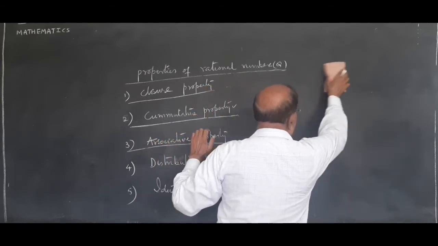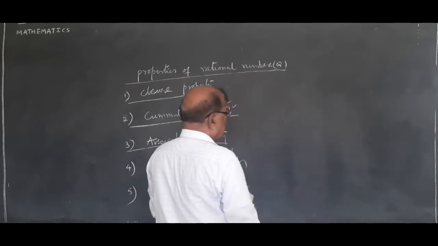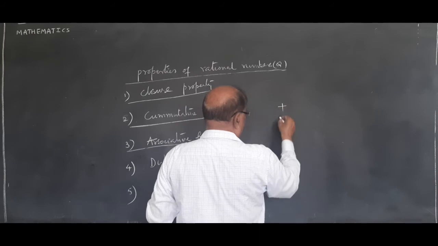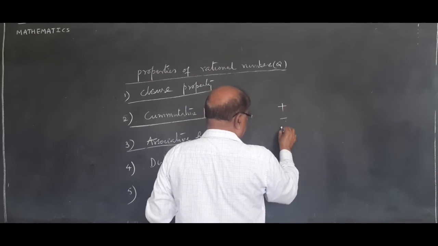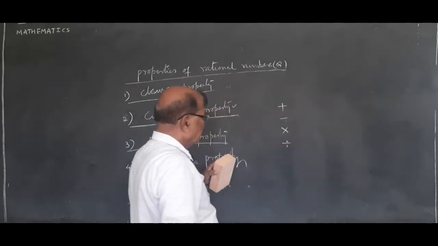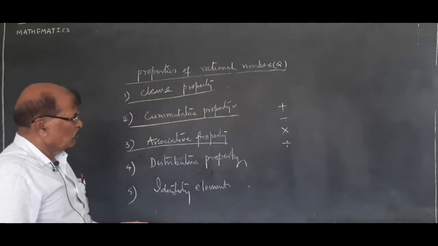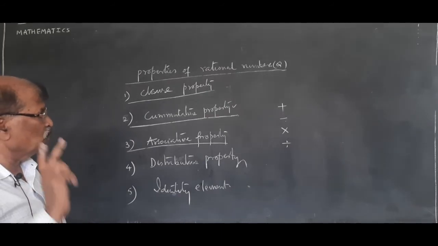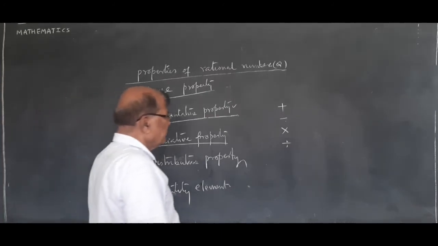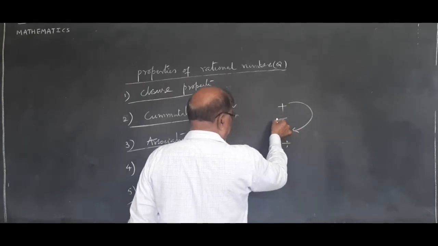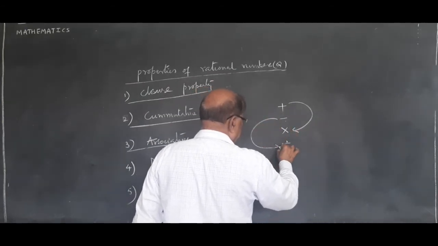Why? Here I want to tell you two things. Previously the fundamental operations are 4: plus, minus, multiplication, division, but later on we have come to a conclusion that the fundamental operations are only 2. Repeated addition is called multiplication, repeated subtraction is called division.